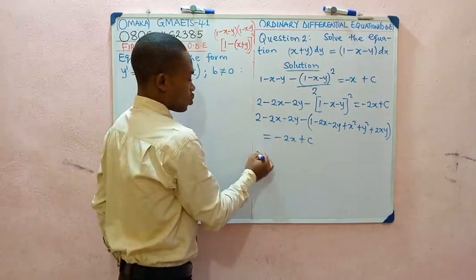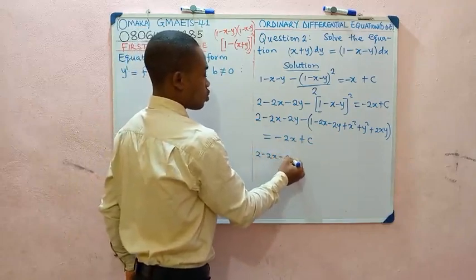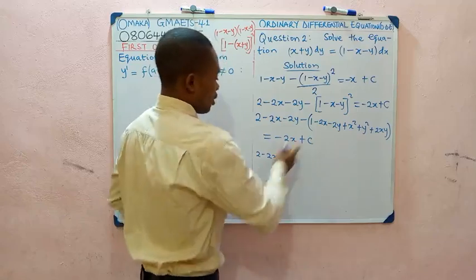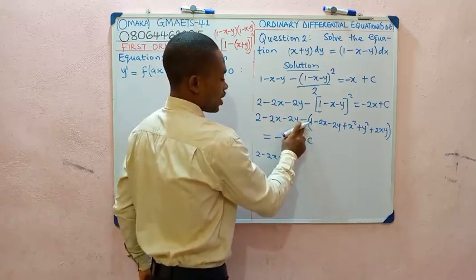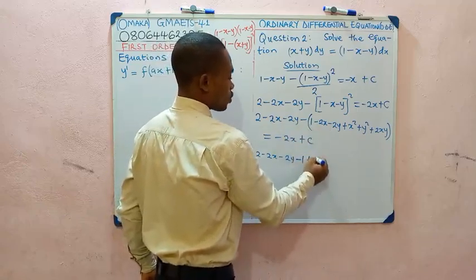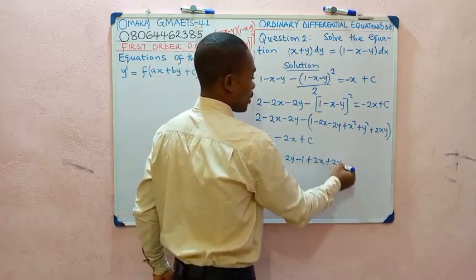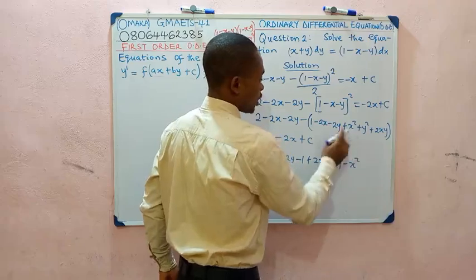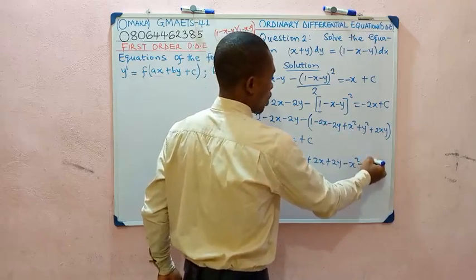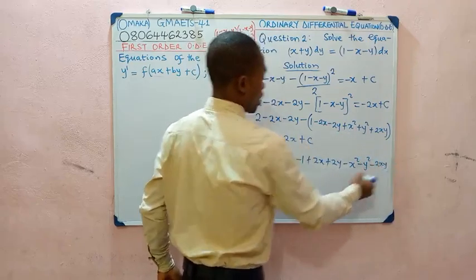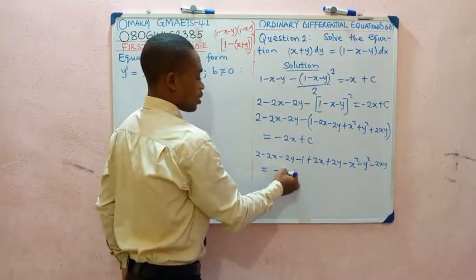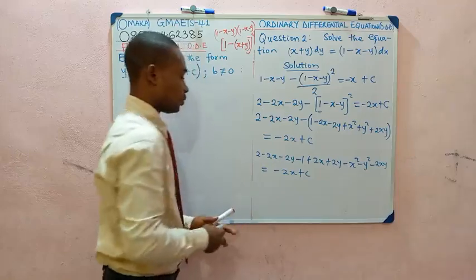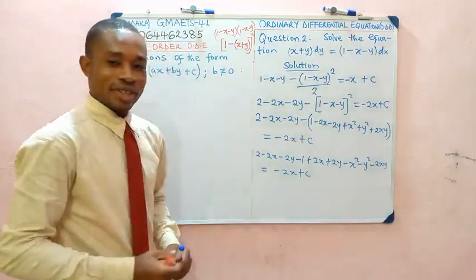This will also give us 2 minus 2x minus 2y. Open this bracket with this negative sign. You have minus 1 plus 2x plus 2y minus x squared minus y squared minus 2xy. Everything equal to minus 2x plus c. Good.